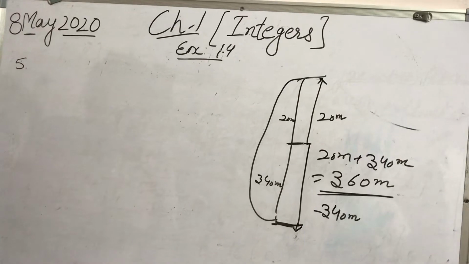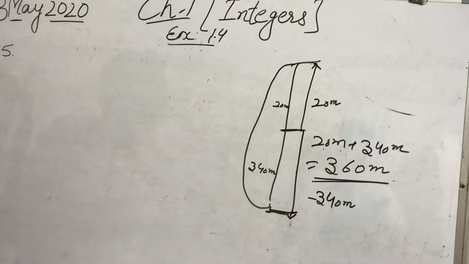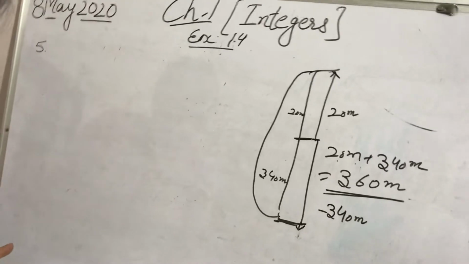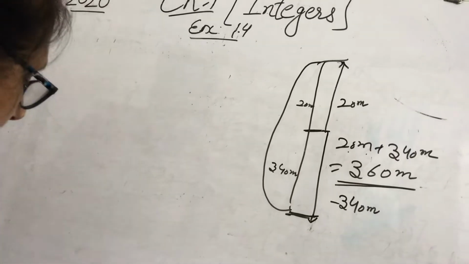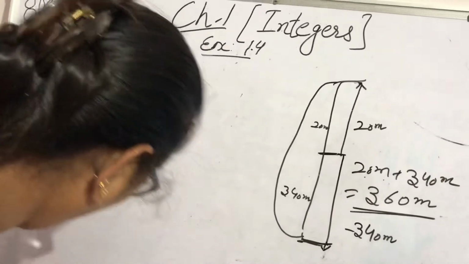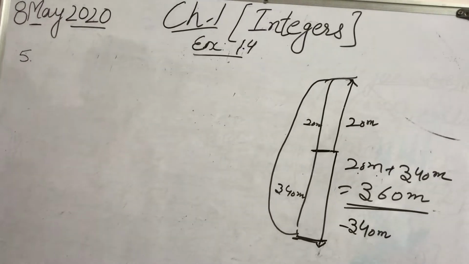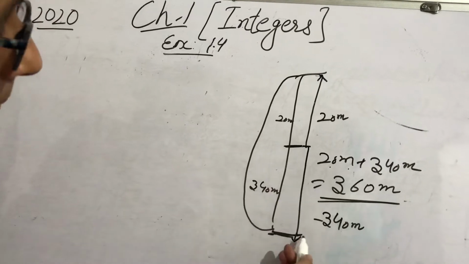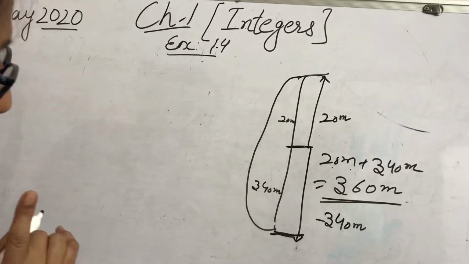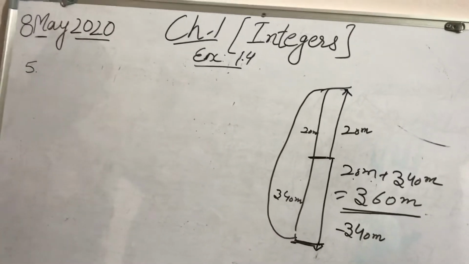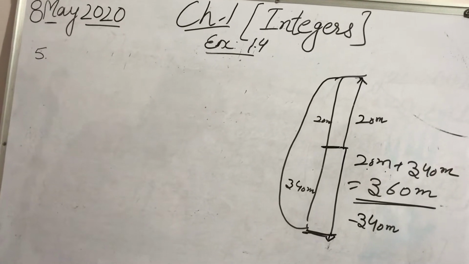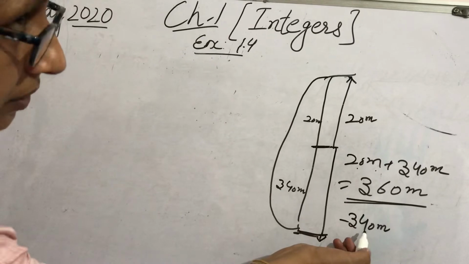Again listen to the statement. An elevator descends into a mine shaft at the rate of 6 meter per minute. And if the descent starts from 20 meter above the ground level, how long will it take to reach minus 340, meaning below the earth? So what do we have to find? Time. Speed is already given, 6 meter per minute. Distance we have found.